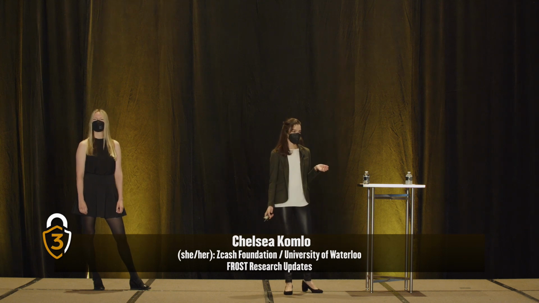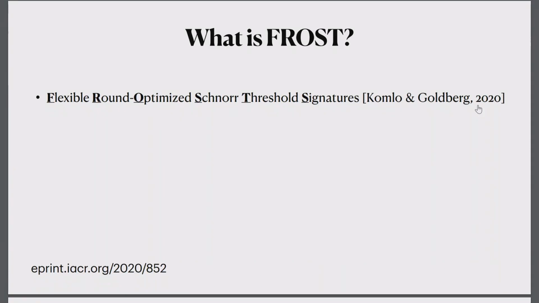So you might not know what Frost is, and that's totally okay. Frost is a flexible, round-optimized Schnorr threshold signature scheme. Frost was designed by myself and my collaborator Ian Goldberg in 2020. And Frost is actually two things. First, Frost introduces a distributed key generation protocol, which later we've come to know as PEDPOP.